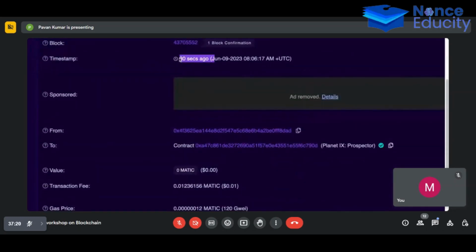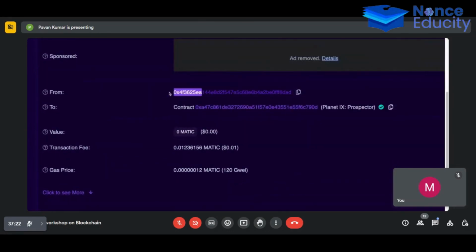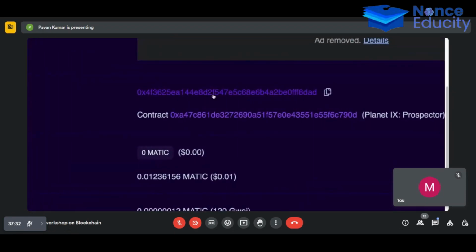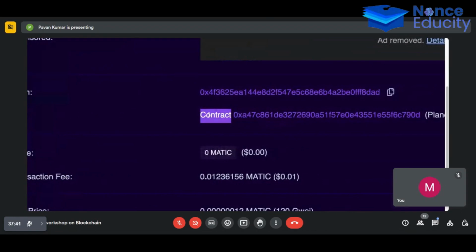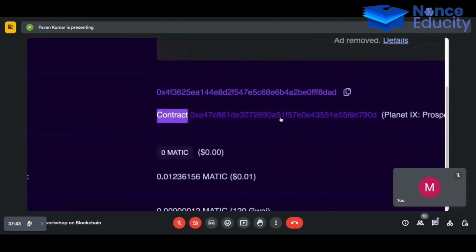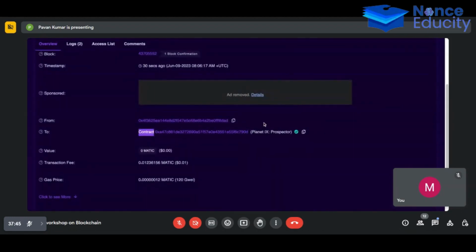And you can see the timestamp and all those details, like who initiated this transaction and where it was sent, basically the from and to address. You can see the from is an externally owned account, meaning it has a private key behind it that actually signed this particular transaction. And the to is a contract account. You can see it is mentioned as contract here. Basically this is the contract account where the transaction took place.